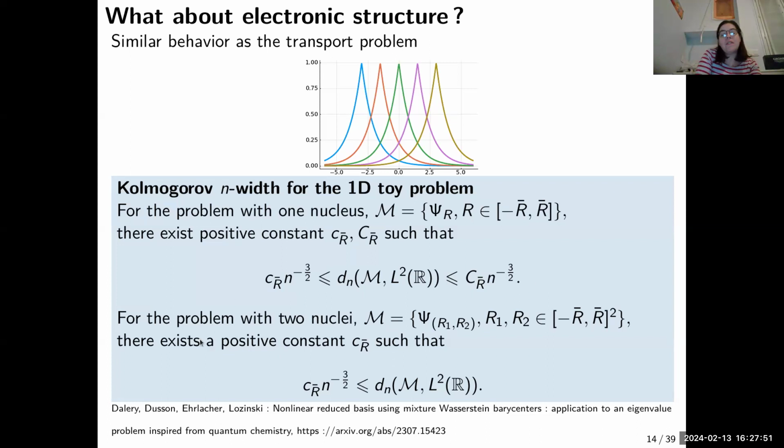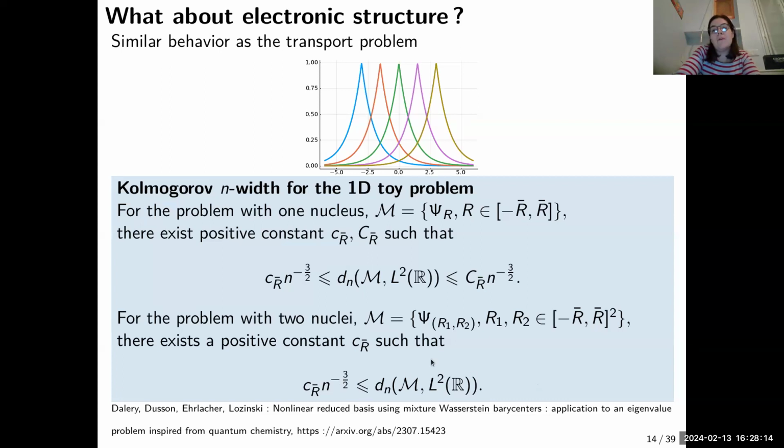And we can prove a similar result in the case when you've got two nuclei, the positions of which can vary in some range of values. In that case, we know that the Kolmogorov n-widths cannot decay at a speed greater than this n to the minus 3/2 as well.